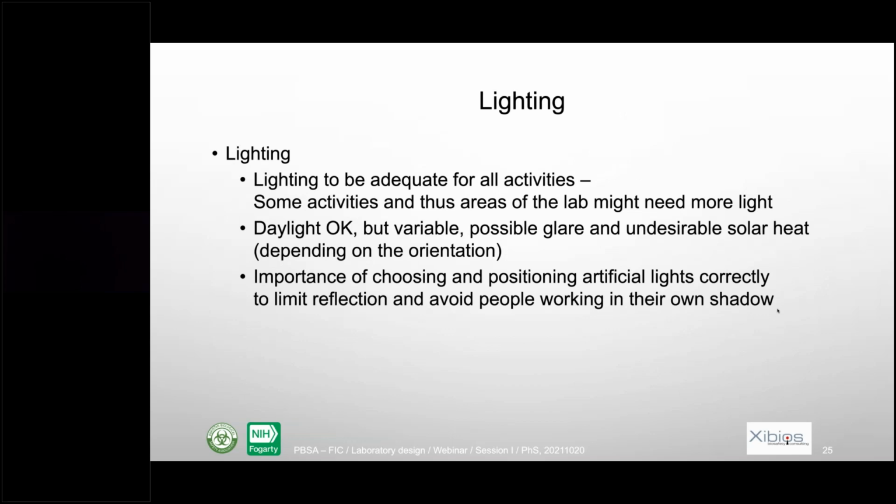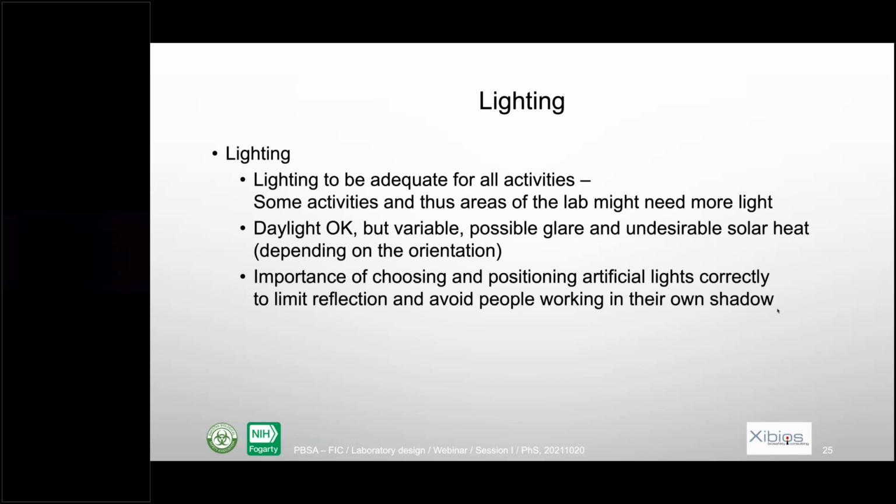Lighting, it should be adequate for all activities. Natural light should be okay, but most of the time you will need some artificial light also. Why? Because daylight is changing depending on the time of the day. Also, it's more difficult to control possible glare, and also we want to avoid having too much solar heat.